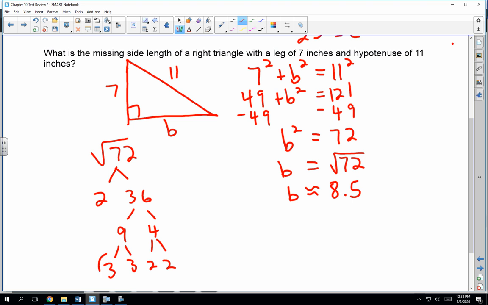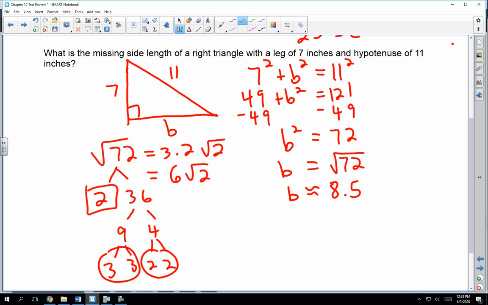9 is 3 and 3, 2 and 2, something like that. We've got a pair of 3s, a pair of 2s, so this ends up equaling 3 times 2, and then 1, 2 left over, so that stays under the radical, so I end up with 6 root 2. And so here it is in simplified radical form. 6 root 2 is the value of b, and then as a decimal we see it over here, b equals about 8.5.